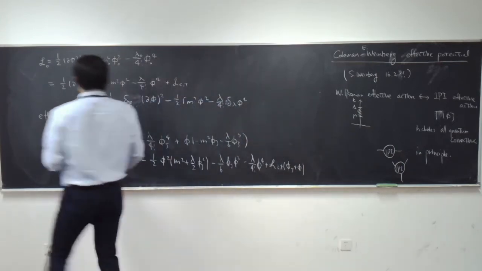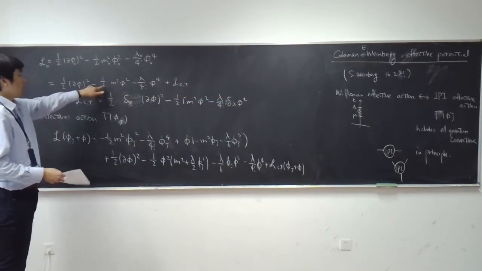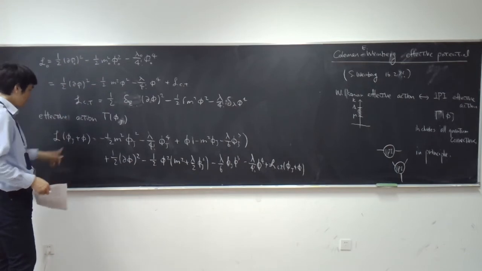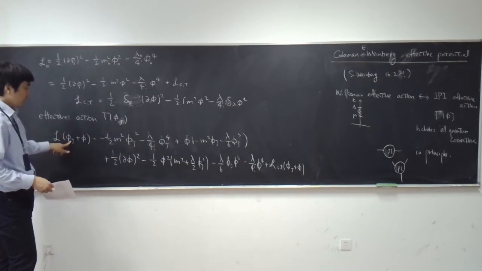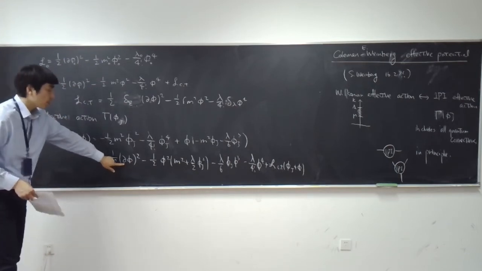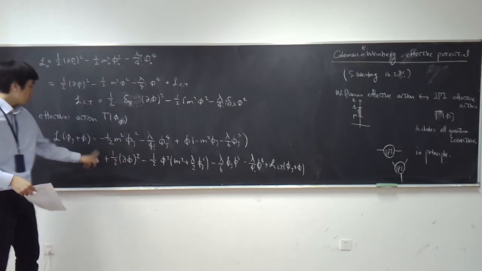I just plug this in and expand, treating phi_J as independent of x, so the kinetic term only acts on phi.